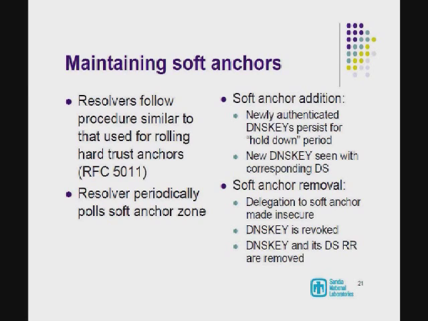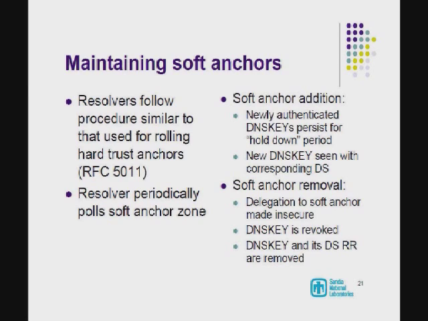In principle, the resolver is periodically polling this soft anchor zone, and soft anchors are added when it notices that new DNS keys show up in the resource record set and persist for some particular hold down period.